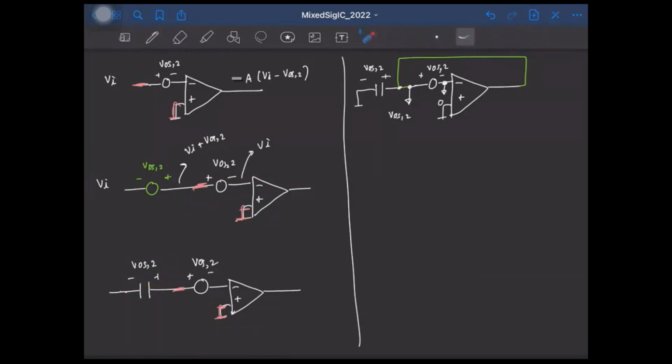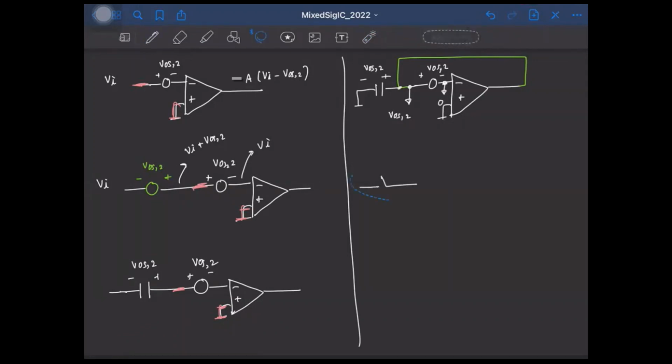And obviously we don't want to connect it like this all the time because we want to amplify the input also, right? So what we'll do is the following. In one phase, we'll have the circuit like this, and in the other phase, we'll have the circuit like this. Okay, so the overall circuit will look like this, right? So in one phase, we'll feed the input.